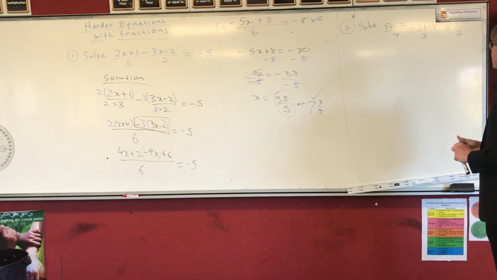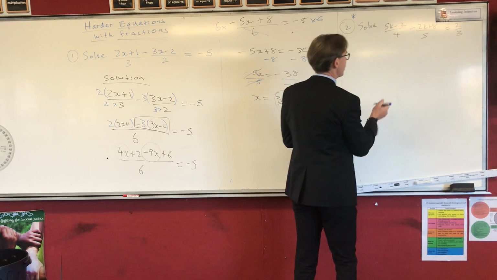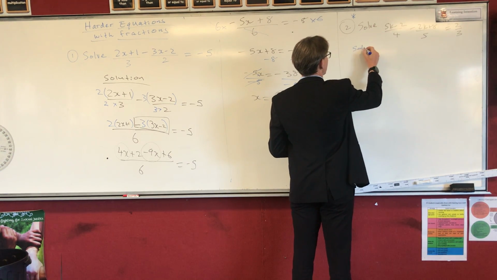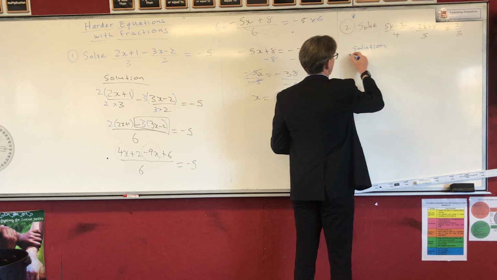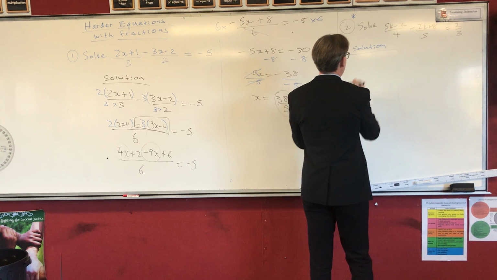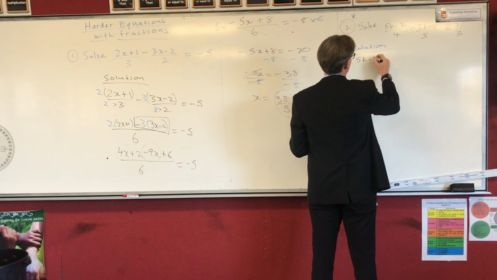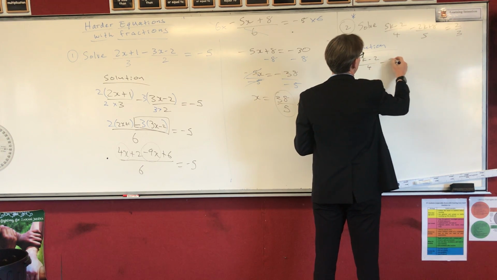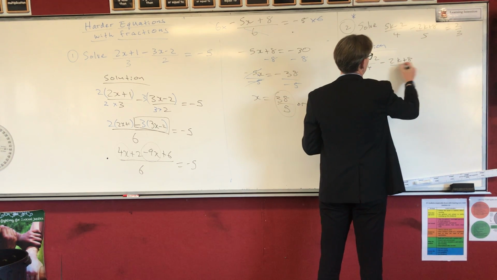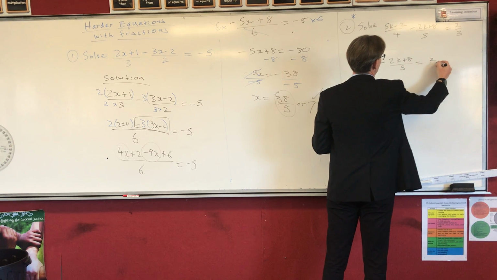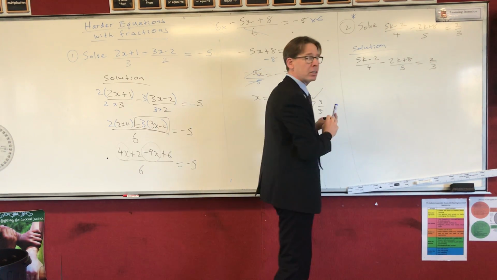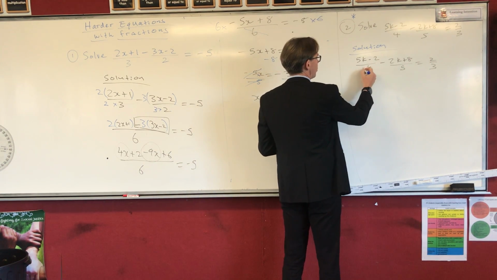Okay? So, for this question, solution. I'm going to write the question down again, so I can draw on top of it. 5k minus 2 over 4 minus 2k plus 8 on 5 equals 2/3. Now, times by 5.